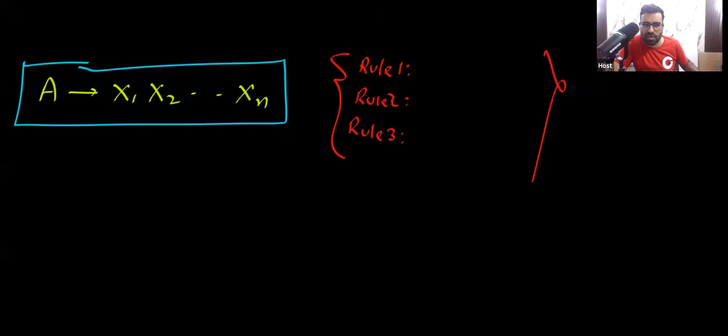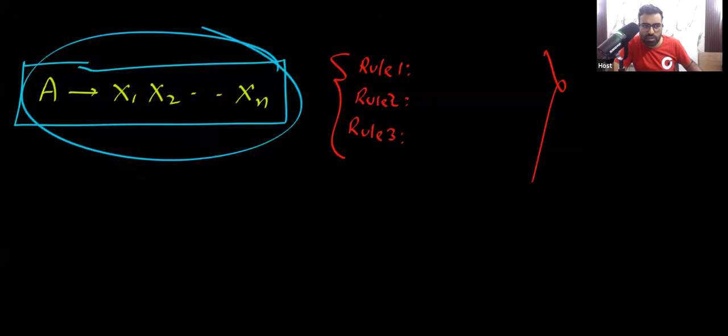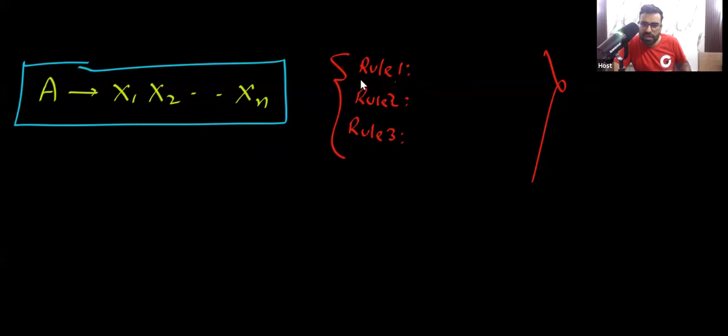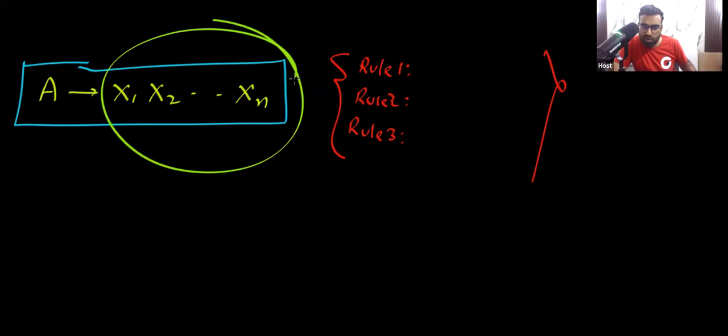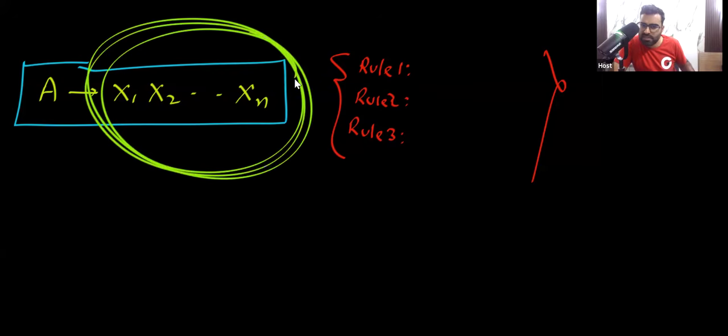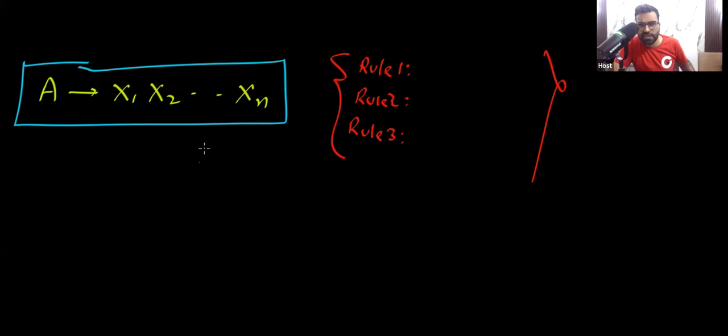I hope you understood. Very simple. If I write a semantic rule which computes an attribute of the LHS, that will be called a synthesized attribute of the LHS. And if I write a semantic rule which computes an attribute of any non-terminal on the RHS, then that will be called an inherited attribute of that non-terminal. This is the simple definition, nothing else.